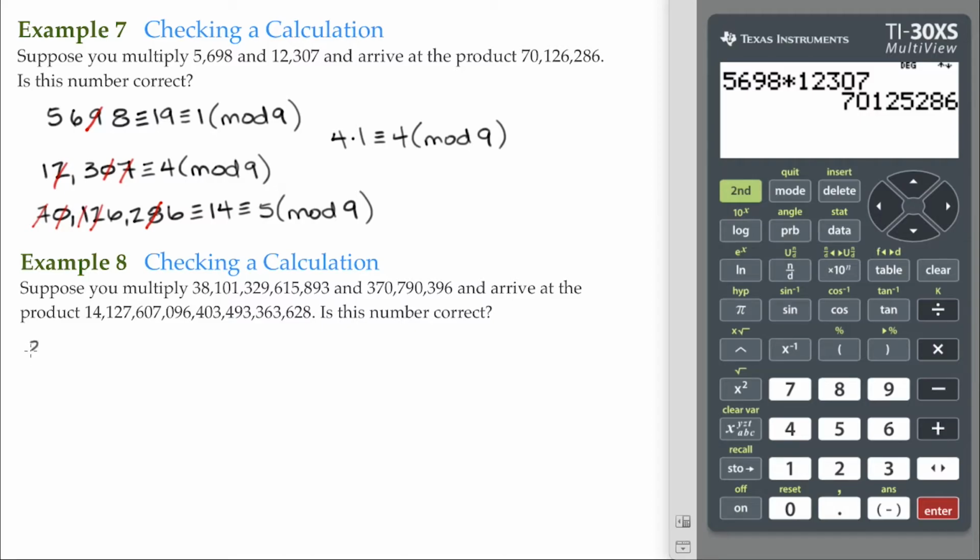But we'll take our 38,101,329,615,893, and I'll do the 370,790,396.